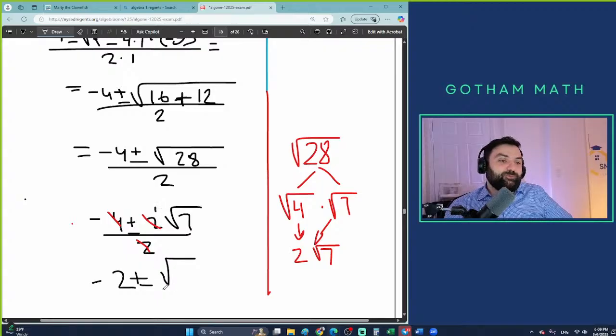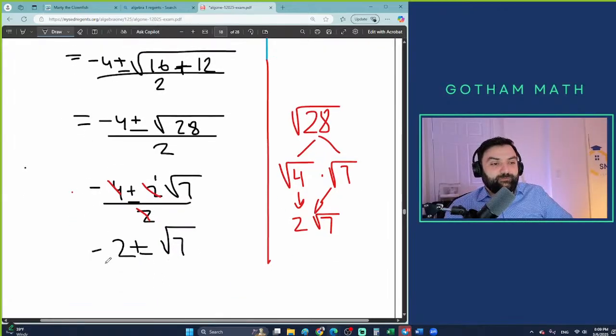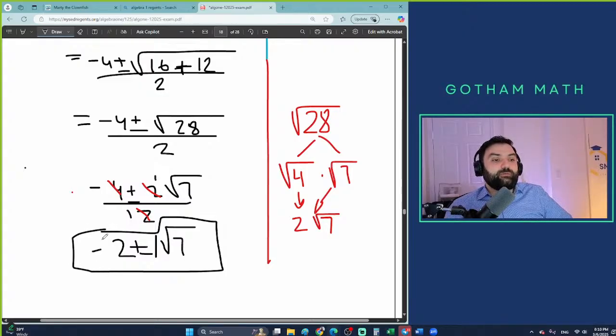We're not going to write 1 square root of 7, just square root of 7, although if you put 1 here, I don't know if they're going to take it. And it's going to be over 1, so we don't even need a fraction. This is the final answer: negative 2 plus minus square root of 7. I'm not going to write 1. It's silly.